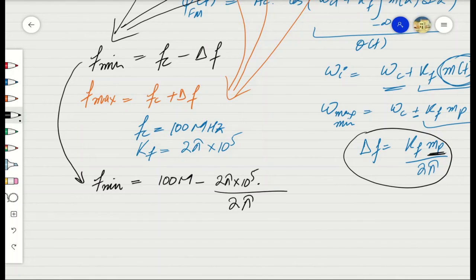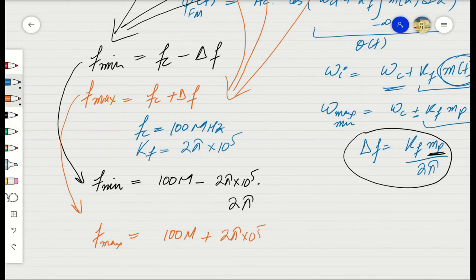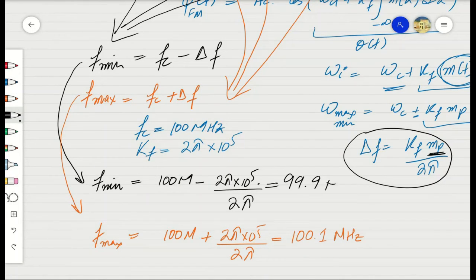And similarly, the maximum frequency can be computed as 100 megahertz plus delta f, which is 100.1 megahertz, the maximum frequency being generated in the frequency modulated signal for this example information signal, and 99.9 megahertz, the minimum frequency being generated, where between this maximum and minimum frequency was the central frequency, the carrier frequency, which was 100 megahertz.